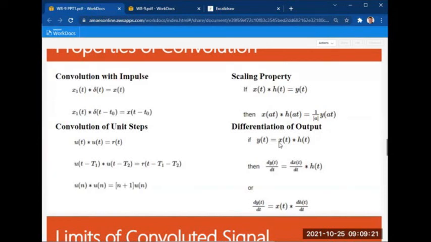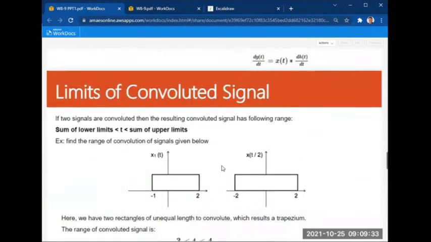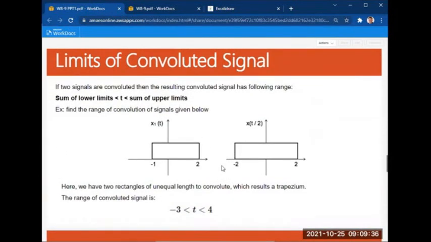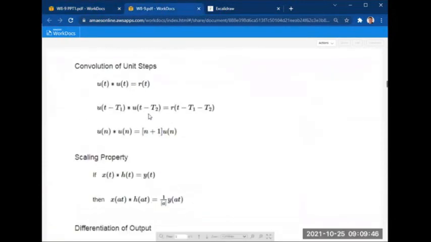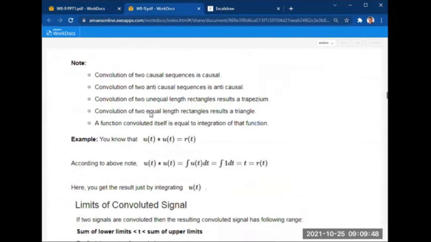Again, differentiating one of the inputs, either the input signal or the impulse response, the output will also be differentiated. So that is the differentiation of output. Next, we have the limits of convolution or convoluted signal. So if two signals, wait. I'll just try to look at our module.